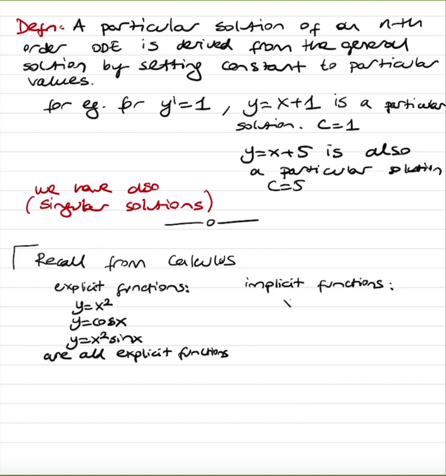On the other hand, implicit functions are given in an equation. For example, we don't know what y is explicitly: x squared plus y squared is equal to 1. So y is not given explicitly. Or, for example, cosine xy plus sine squared x is equal to 2.